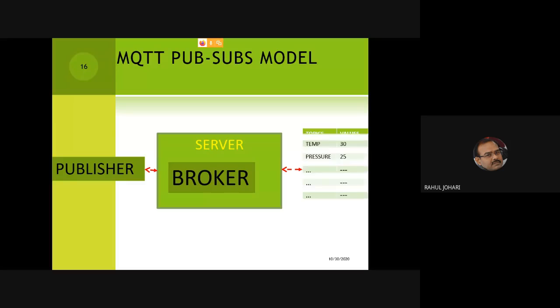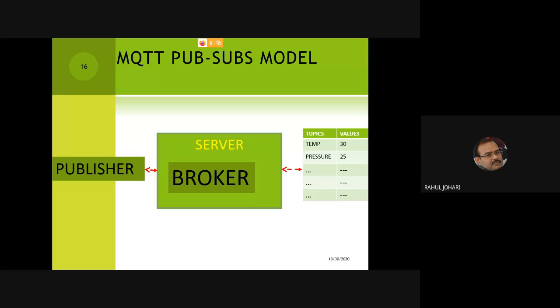So here, a broker maintains a list of topics like temperature, pressure, which we have just discussed, the soil conditions if I'm working in a land environment, or if I'm working on the ocean seabeds, maybe the quality of the water in the ocean, which is going down nowadays because of extreme water pollution, and the fishes are dying.